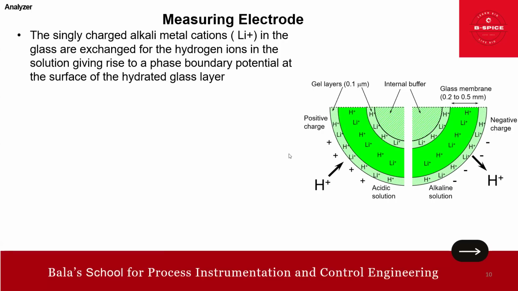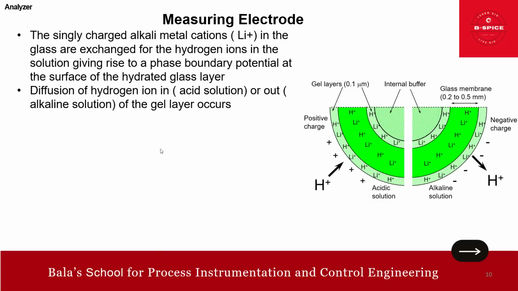So a singly charged alkali metal cation, you can see here, Li plus, in the glass is exchanged for the hydrogen ions, H plus, in the solution, giving rise to a potential boundary at the surface of the hydrated glass layer.